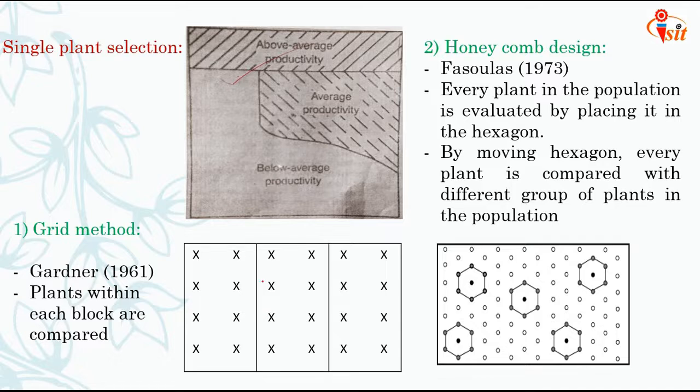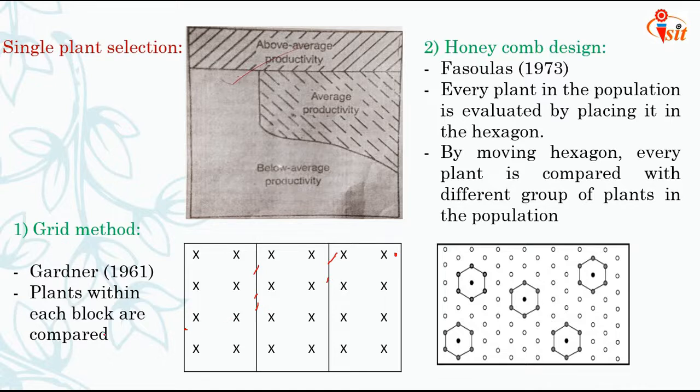They subdivide a main plot into small plots. The fertility of the soil of this area is definitely different from that of this area. If I compare this plant with this plant, then it is not fair.